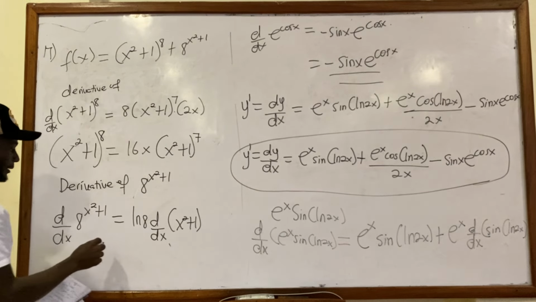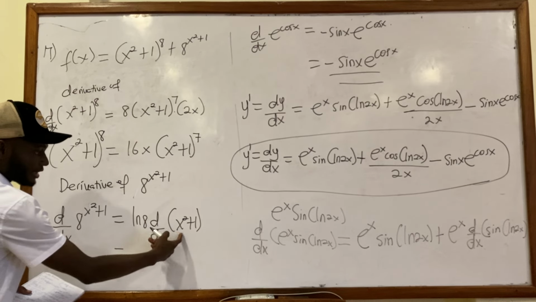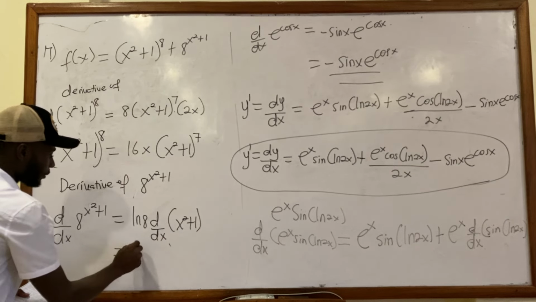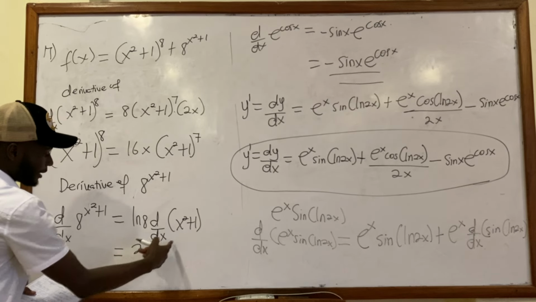When you differentiate x squared plus 1, we have 2x plus 0, that is 2x.